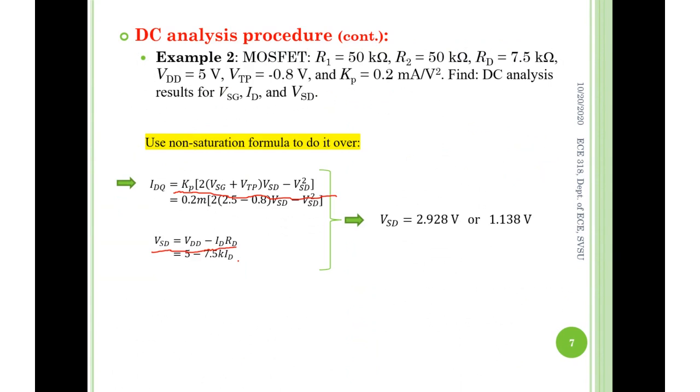We just discussed this, right? We need to choose the set that meets the non-saturation condition. Does it make sense? Because now we know it is already non-saturation, so you're choosing the non-saturation one. The other one probably corresponds to saturation, which makes no sense.